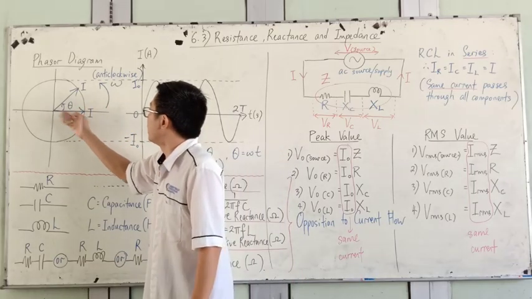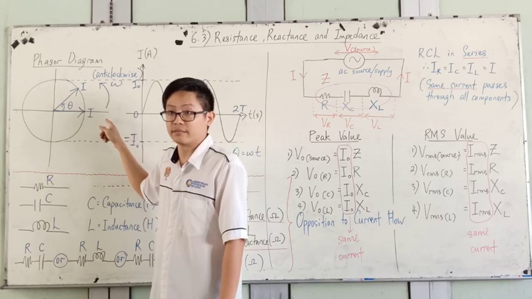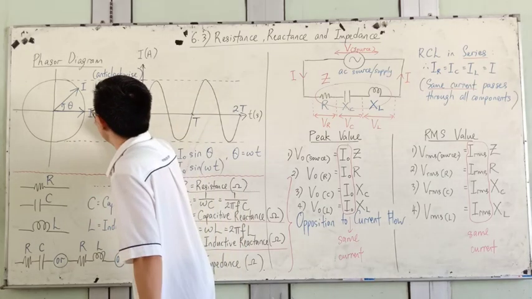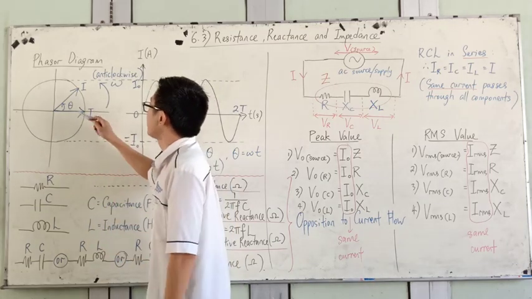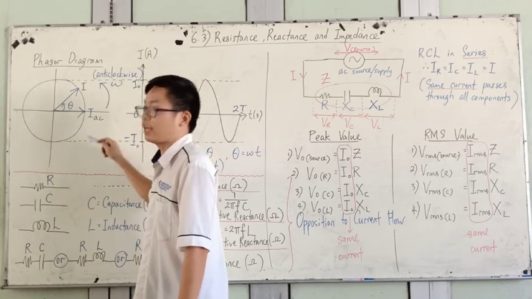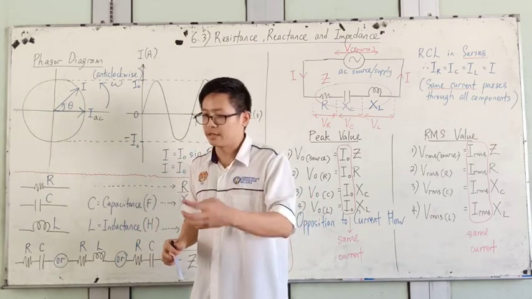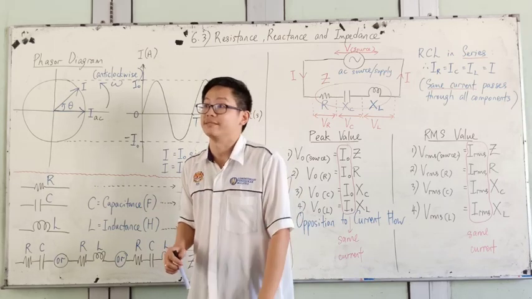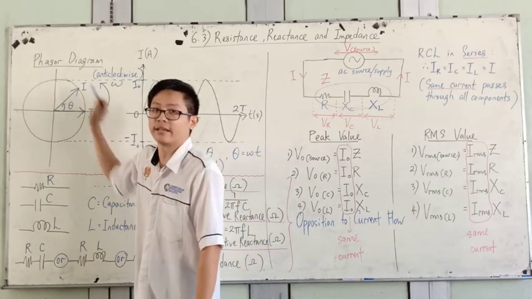This one is representing the current in the circuit, the AC current. The AC current in the circuit is always changing magnitude and direction, isn't it? So it's rotating like this.